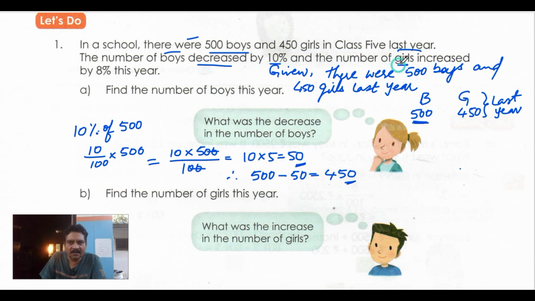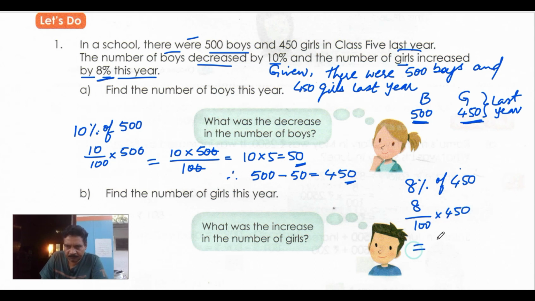And the number of girls increased by 8% this year. Now, the number of girls last year is 450. This year 8% has increased, right? So 8% of 450, 8 by 100 into 450, that is 8 into 450 by 100.